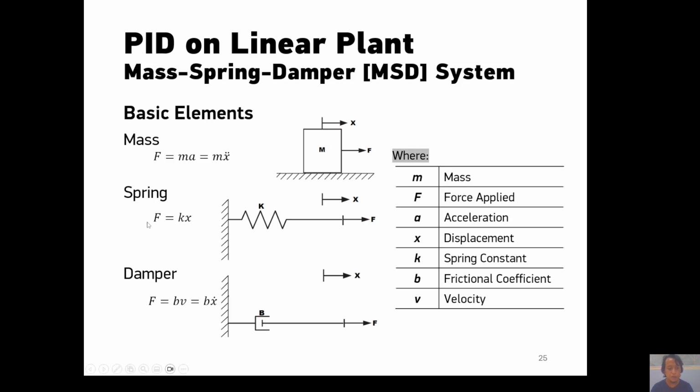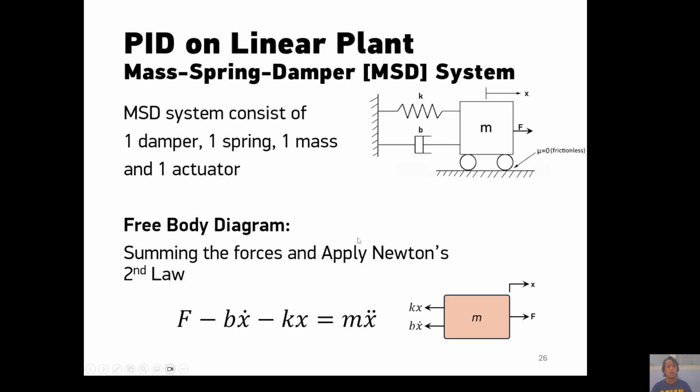For the spring, force equals k times x, where k is the spring constant and x is the displacement. For the damper, we have F equals B times V, or B times x dot. The MSD system consists of one damper, one spring, one mass, and one actuator.